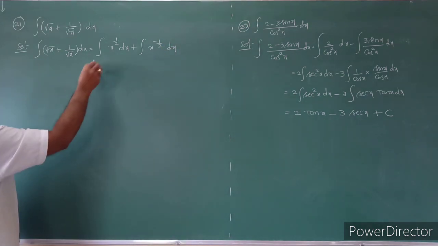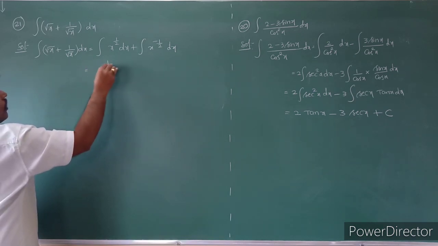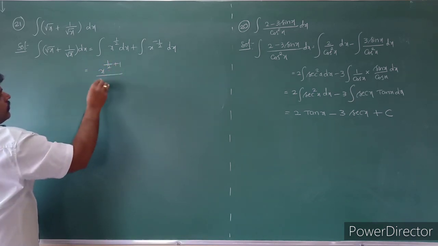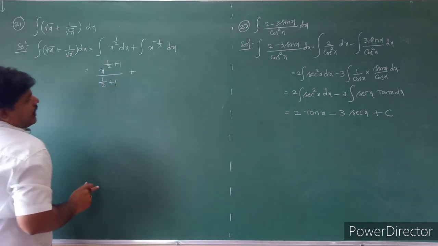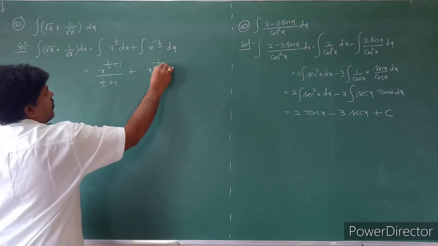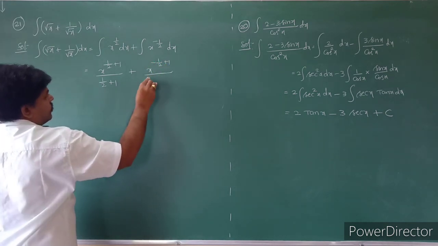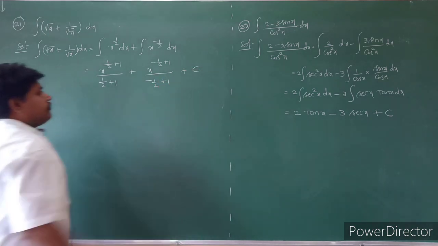So what happens? It is in the form of x power n. It will be x power 1 by 2 plus 1 by 1 by 2 plus 1, plus x power minus 1 by 2 plus 1 by minus 1 by 2 plus 1, plus c.